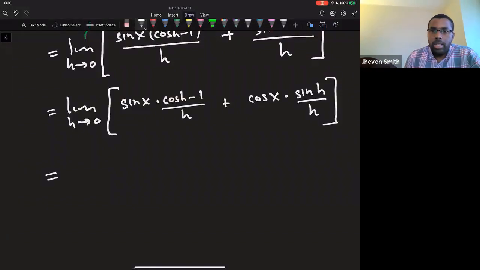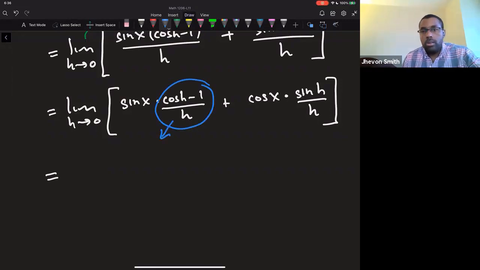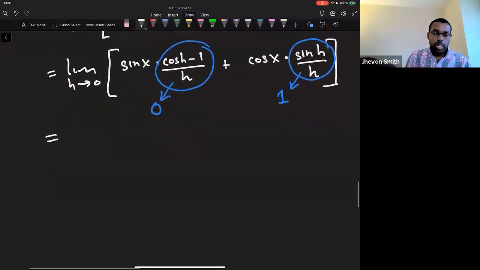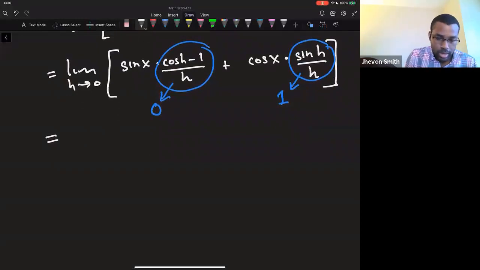And it turns out now that these guys are actually things we would know the answer to. So this one here, as h approaches 0, what does that approach? Right, 0. That's one of the special trig limits. What about this one, as h approaches 0? 1. So this just becomes sine x, because the h is not going to affect that.